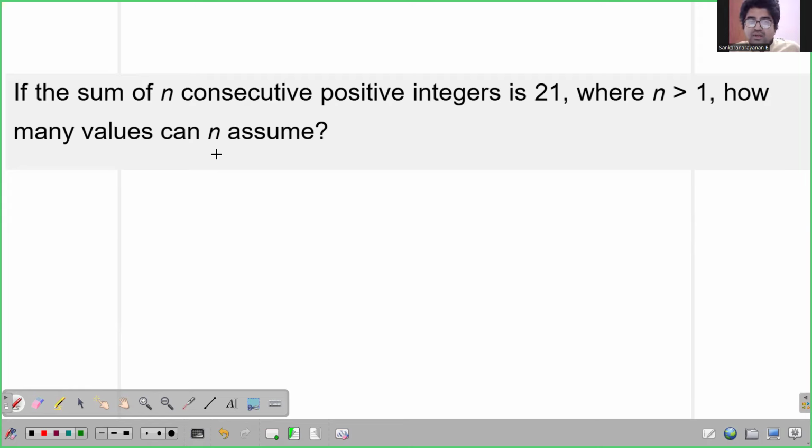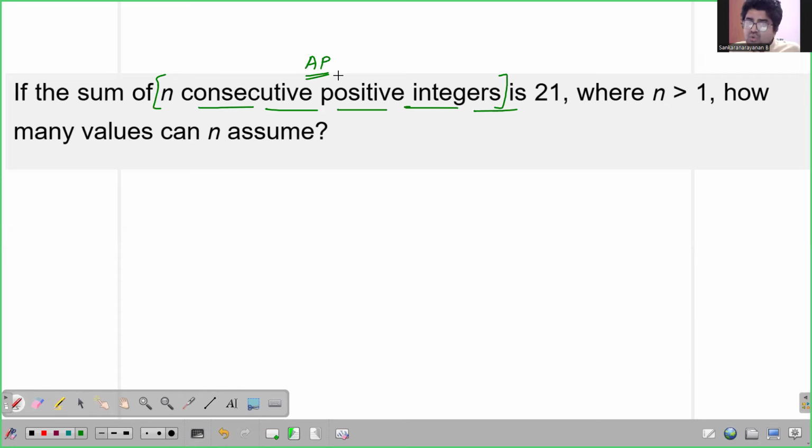Please observe the keyword: n consecutive positive integers. Don't you think they will form an arithmetic progression?